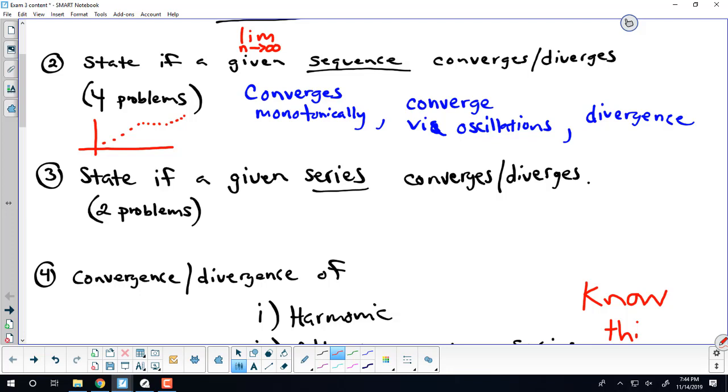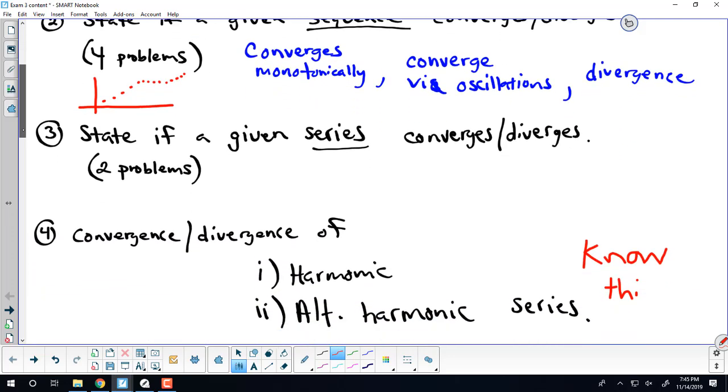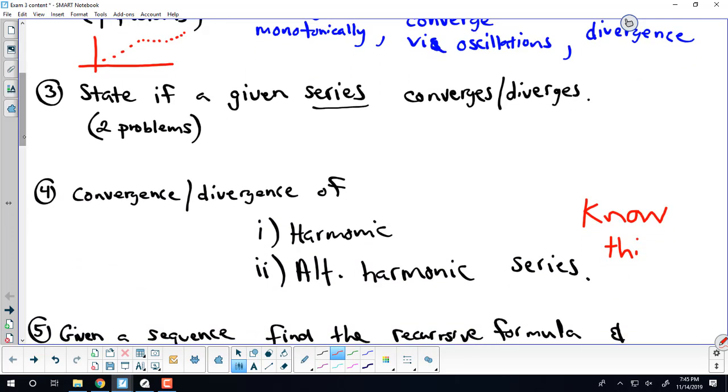They're not connected. We're not adding them in any way. So the intent really is that these 10 problems should go by pretty quickly. It shouldn't take too much time to compute. And then the rest of the stuff is about series.